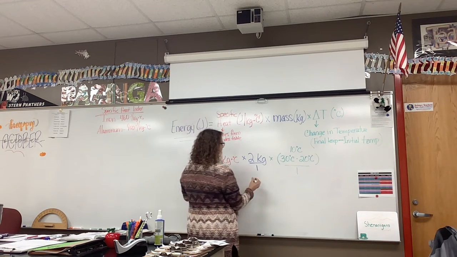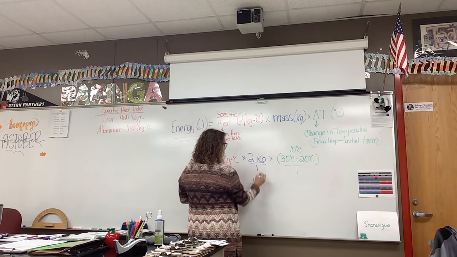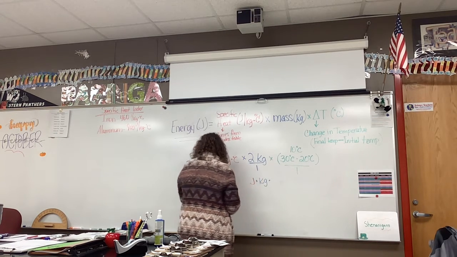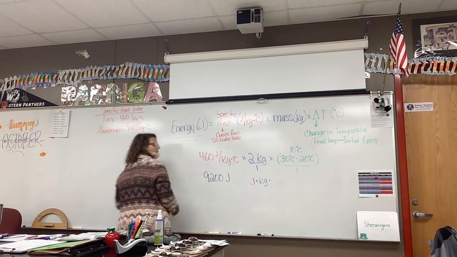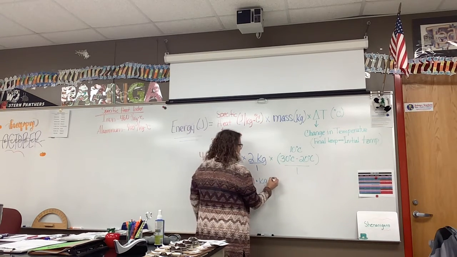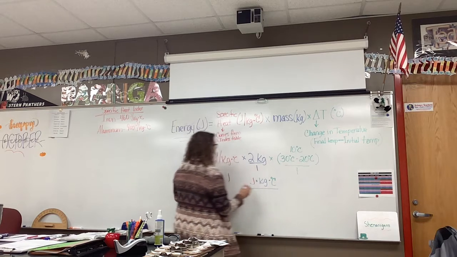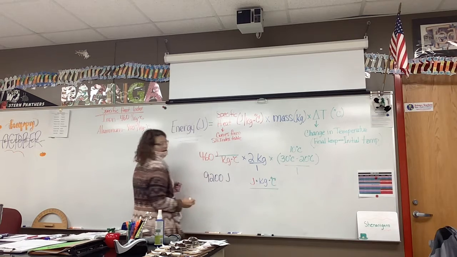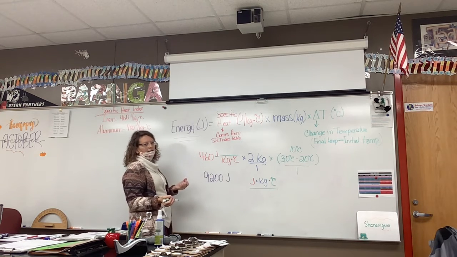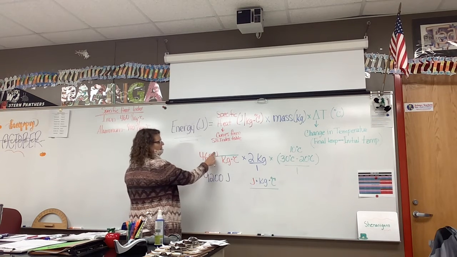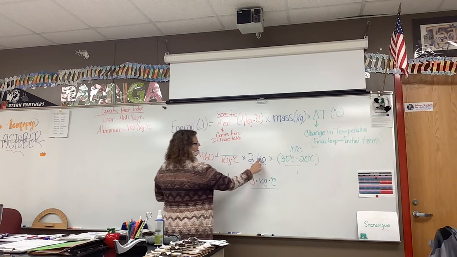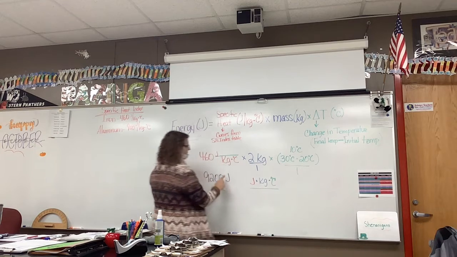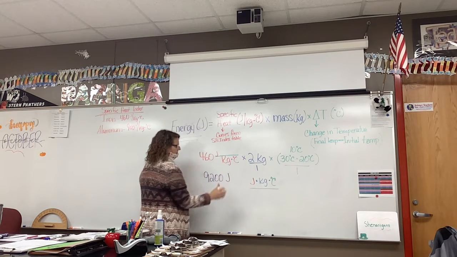A joule times a kilogram times a degree Celsius, and this means the same as divided by. So this goes on top, this will go on top, this will go on top, and this is going to go on bottom.